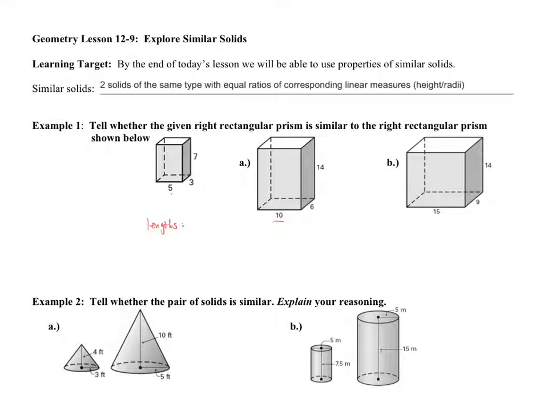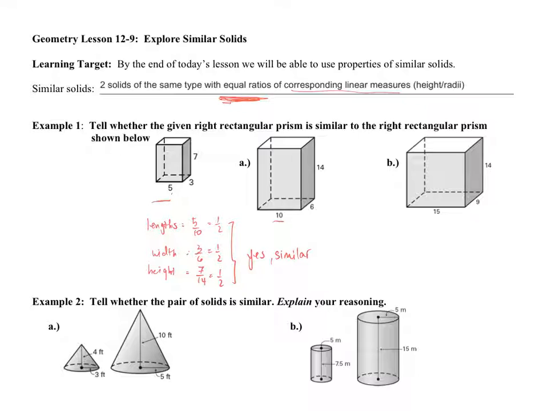Five to 10, which is just half, and the width would be 3 to 6, which is also half, and the height is equal to 7 to 14, which is also half. Since all the ratios are equal, their corresponding linear measures are equal, so we will say yes, the prism in A is similar to the given prism.